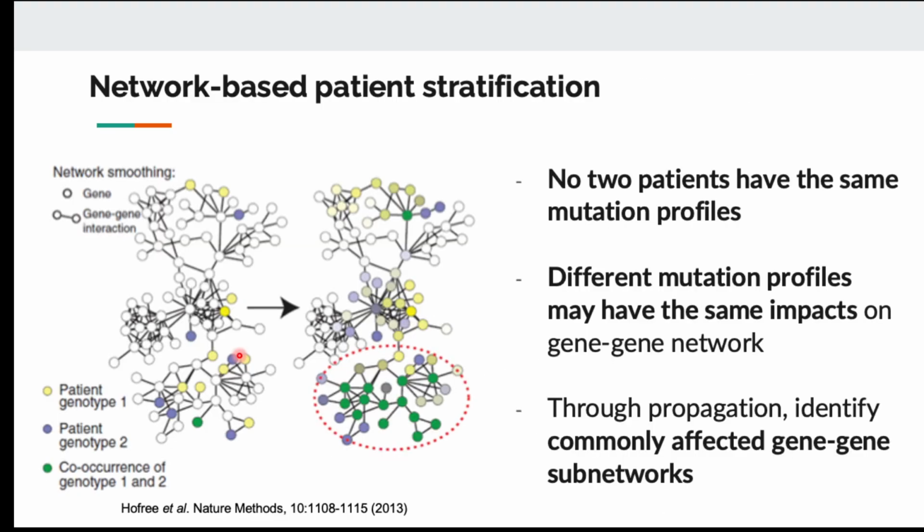So people use this concept when we have two patients with different genotypes, one in yellow, one in blue, mutated at different genes. But these genes might be in the same pathway.